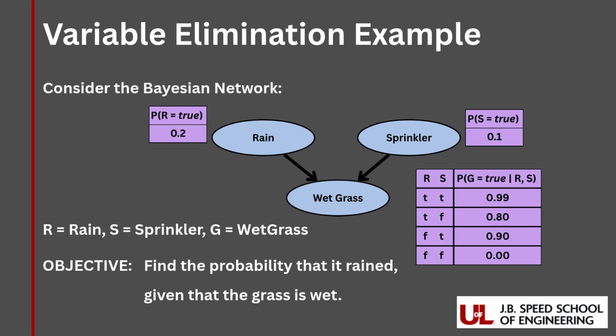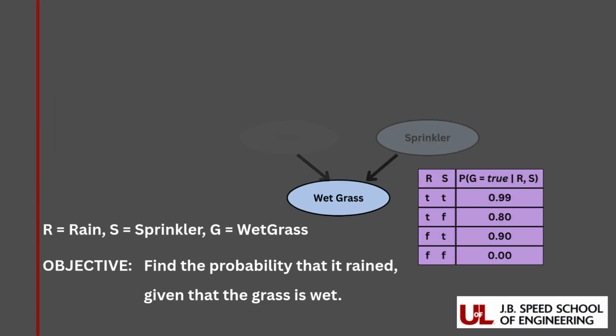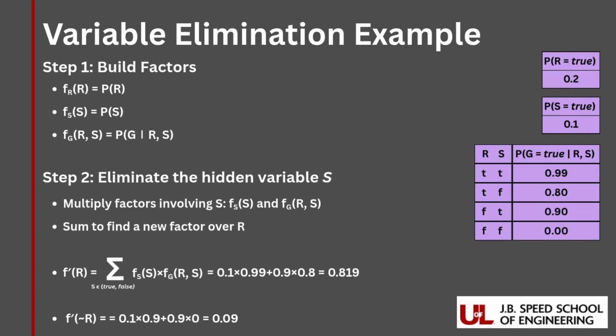And so our hidden variable here that we're going to eliminate is sprinkler.